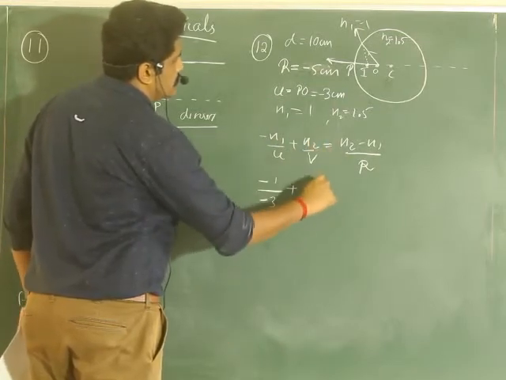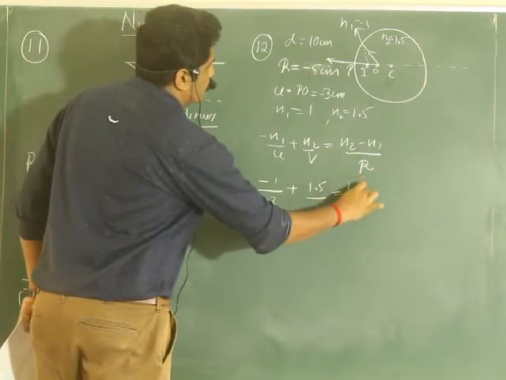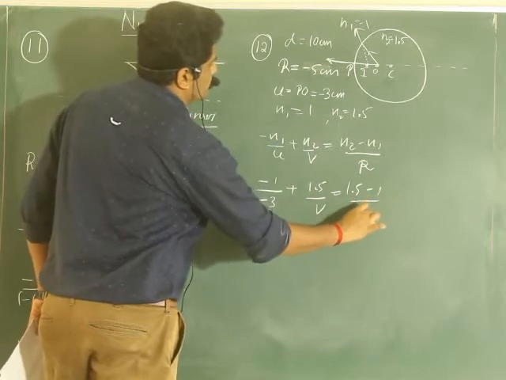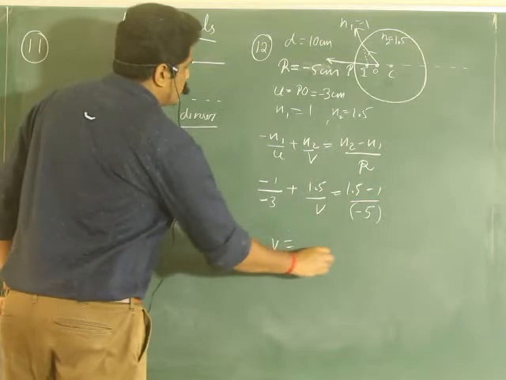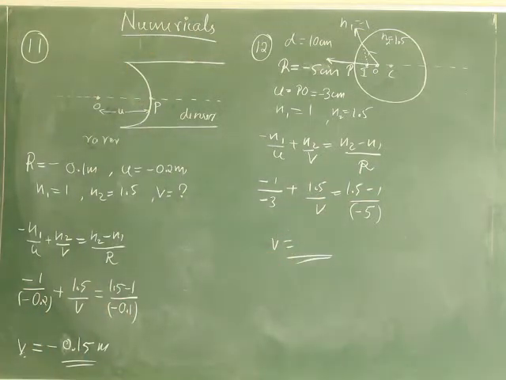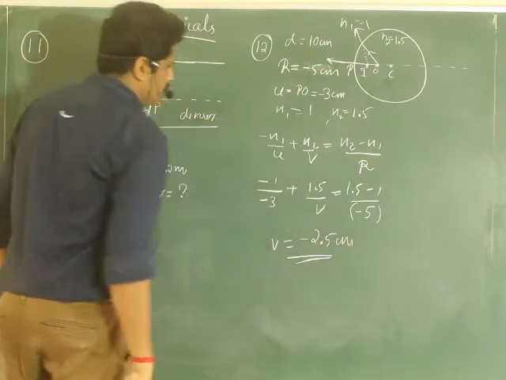Thereafter, N2 is 1.5 divided by V equals 1.5 minus 1 divided by the radius of curvature, which is minus 5. Finally, the answer you should get is around minus 2.5 centimeter. Check the answer after calculation. This should be like this.